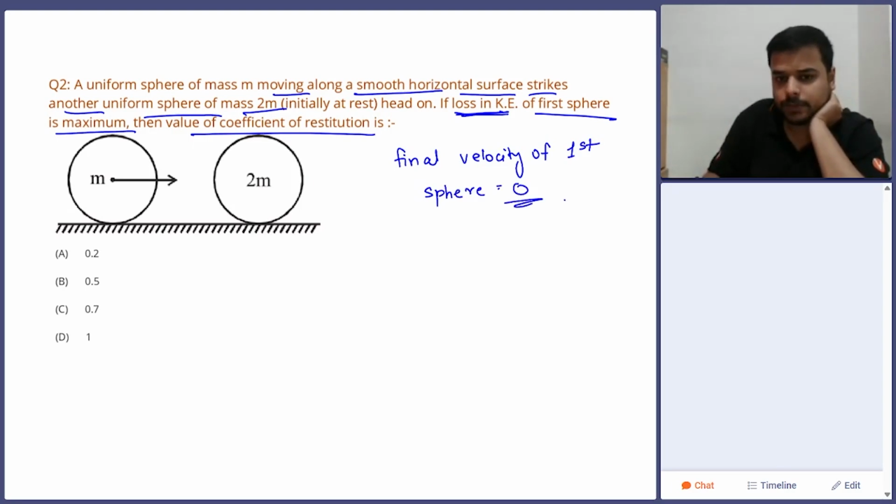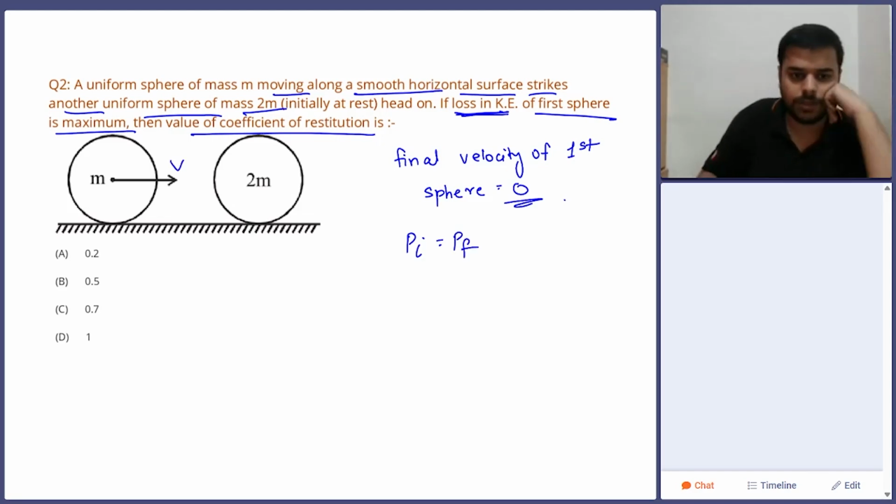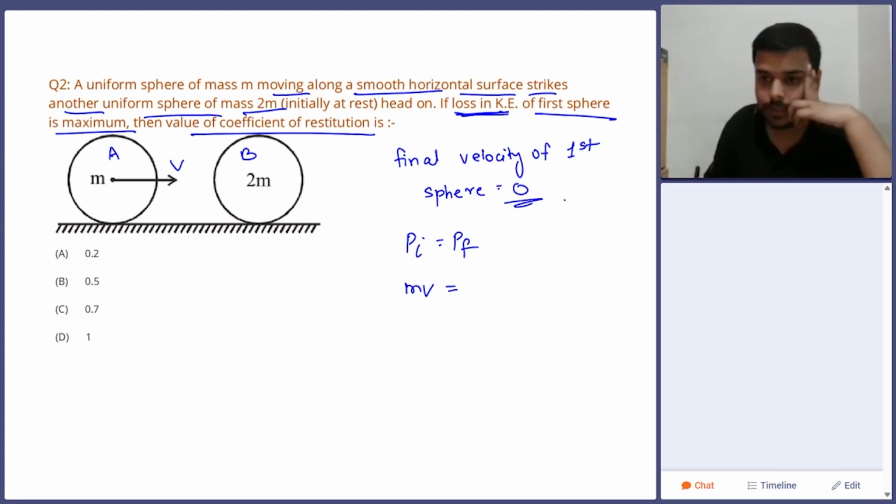Now if we apply momentum conservation, so P initial equals P final, right? So now let's see, suppose its velocity is v, and this is your object A, this is your object B. Initially only the m mass object has some velocity, so it will be mv equal to, finally this m mass has lost all its kinetic energy, so it has finally come to rest, so it will be 0.